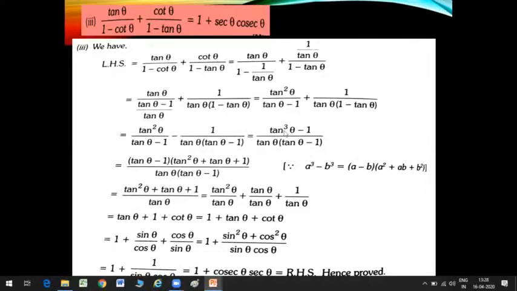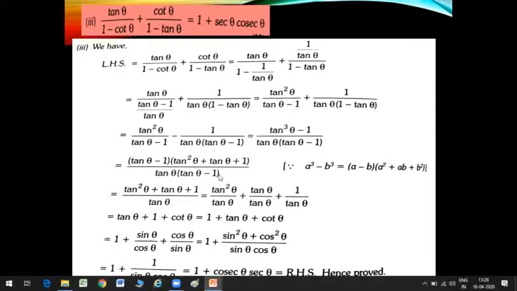Now in the numerator, tan cube theta minus 1 cube, we can apply this identity. A cube minus b cube is a minus b into a square plus ab plus b square. So tan cube theta minus 1, a cube minus b cube is a minus b, that is tan theta minus 1, into a square plus ab plus b square, which is tan square theta plus tan theta plus 1, divided by tan theta into tan theta minus 1.